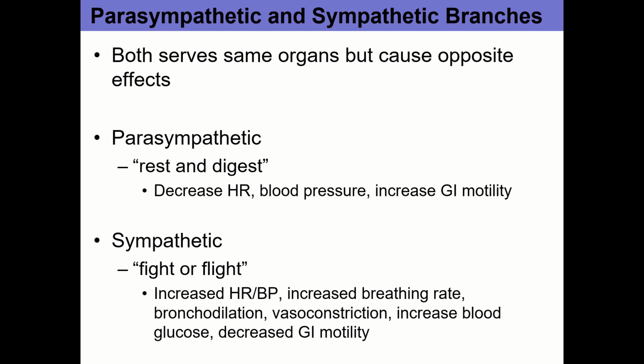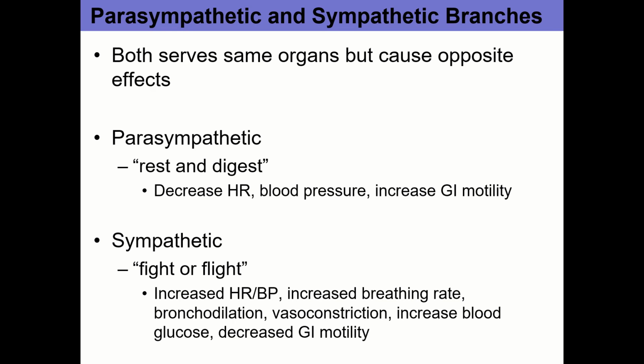So GI means gastrointestinal, so that means everything from your esophagus, which is the tube that runs from your mouth to your stomach, through the stomach, through the small intestine, through the large intestine, and out. So that's gastrointestinal motility. It's moving things along the gastrointestinal tract. And so the parasympathetic branch stimulates muscle contraction throughout that gastrointestinal tract to propel food down your esophagus, through your stomach, through the intestines, and then eventually out.